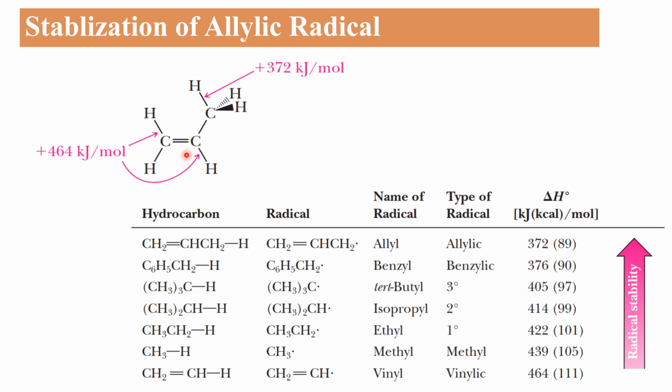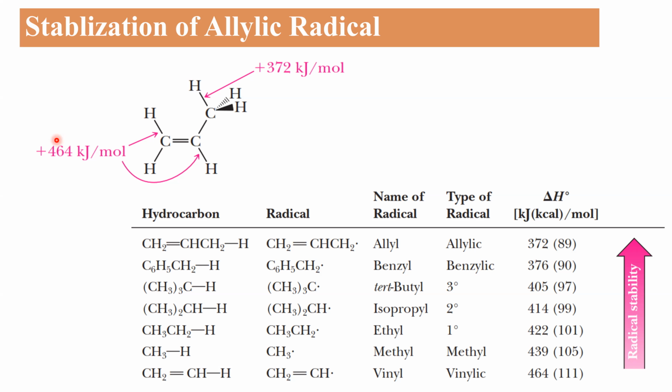So this is the propene structure. And here you can see that if we break this carbon-hydrogen bond, it demands 372 kilojoules per mole. And I have told you that the plus sign is for an endothermic reaction. So whenever you are breaking a bond, it means you are providing some energy to the system. So if you compare this one, when we are interested in breaking the carbon-hydrogen bond on the doubly bonded carbon, it demands a high amount of energy.